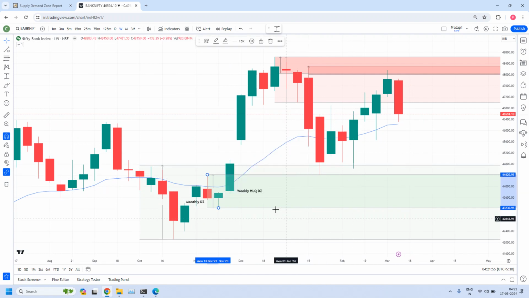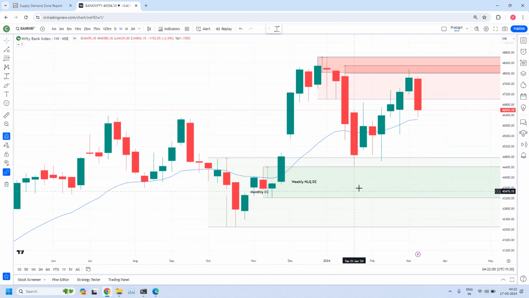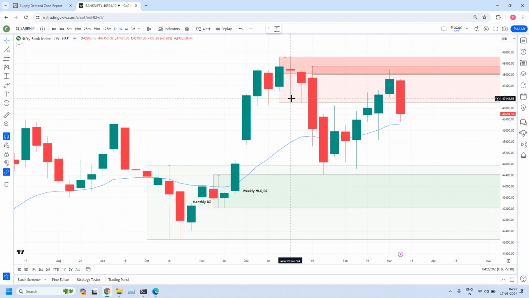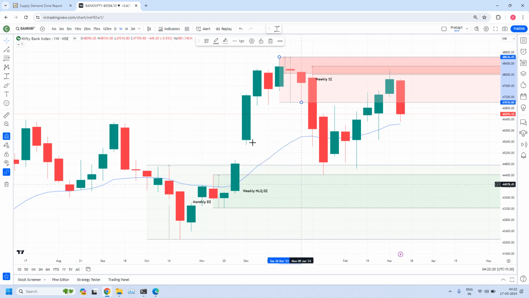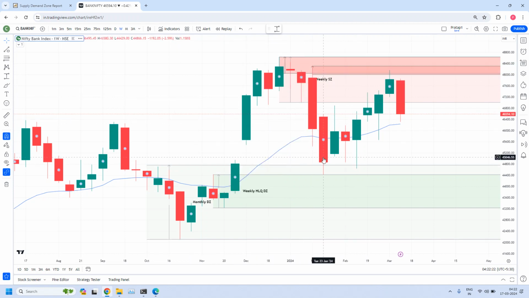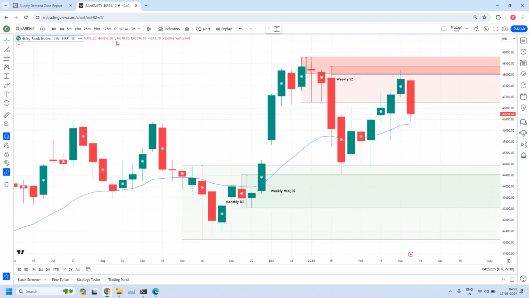That point we have to clearly mention, because this is the area that will act as a strong support. Weekly high liquidity demand zone. And then we have the weekly supply zone. Inside the weekly supply zone, we have daily high liquidity supply zones, changing to daily.